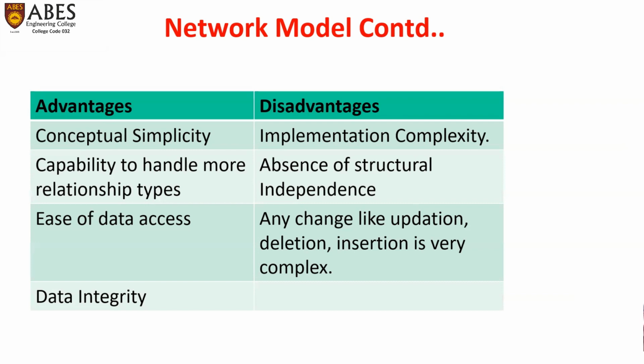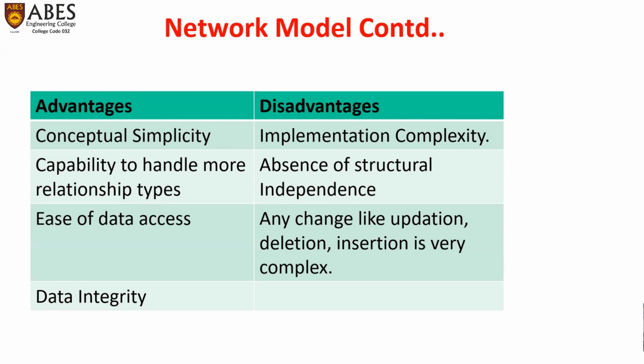The network model supports more data types and more relationship types compared to the hierarchical model, so you can store different types of data in it. Ease of data access: you can access data easily in the network model. Data integrity: similarly, there is a parent-child relationship, so every child must be associated with some parent, and data integrity is also ensured.